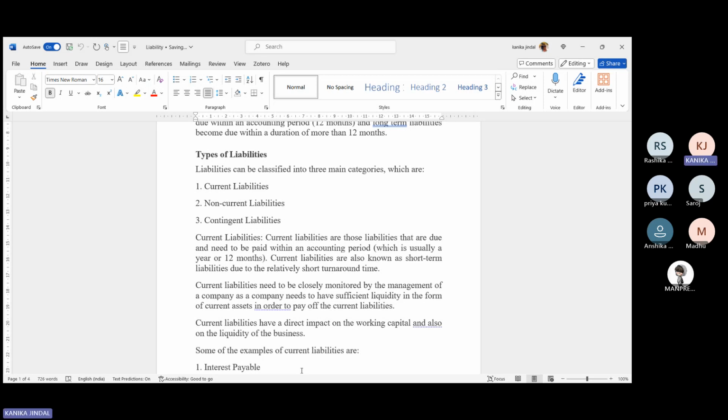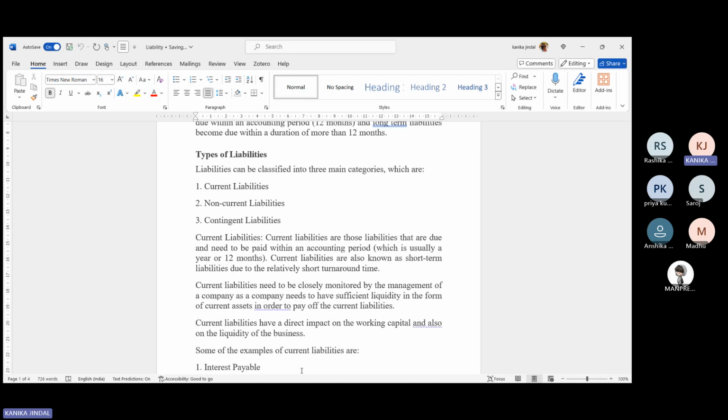Current liabilities have a direct impact on the working capital. What is working capital? Working capital is the difference between the current assets and the current liabilities. And current liabilities have a direct impact on the working capital.